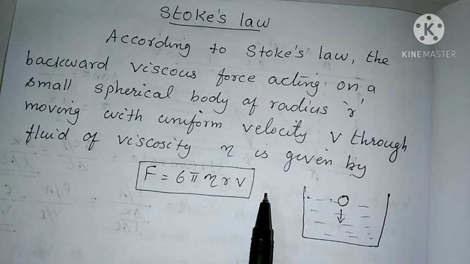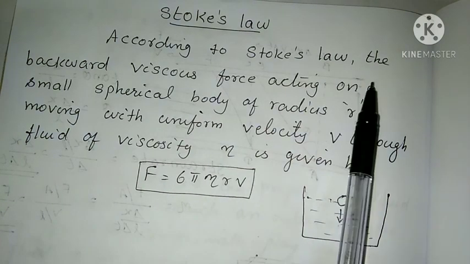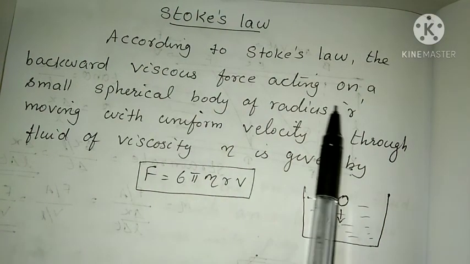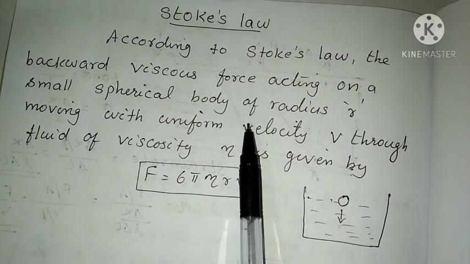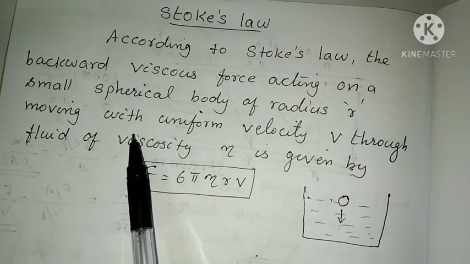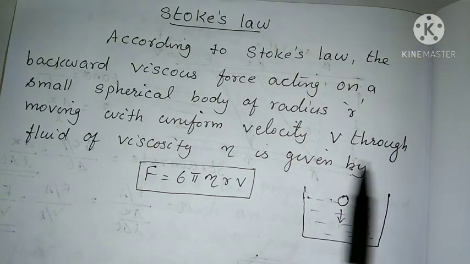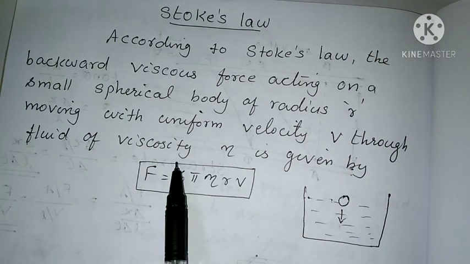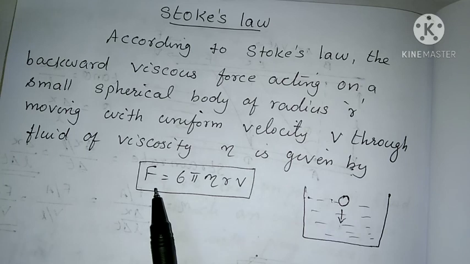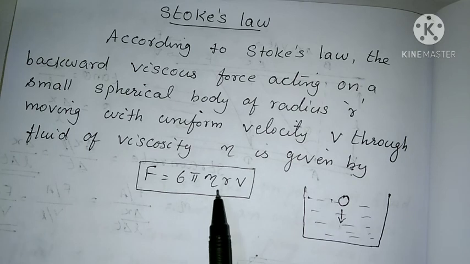So that is the Stokes law. So we can say that the backward viscous force acting on a small spherical body of radius r moving with uniform velocity v through fluid of viscosity eta is given by F equal to 6 pi eta r v. 6 pi is a constant.